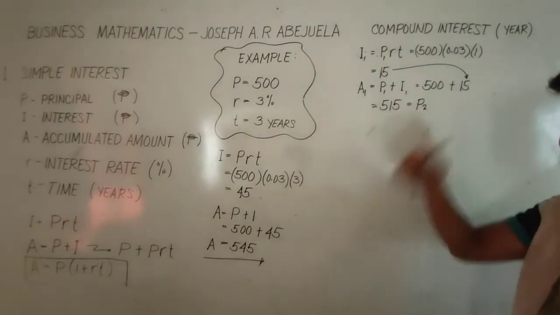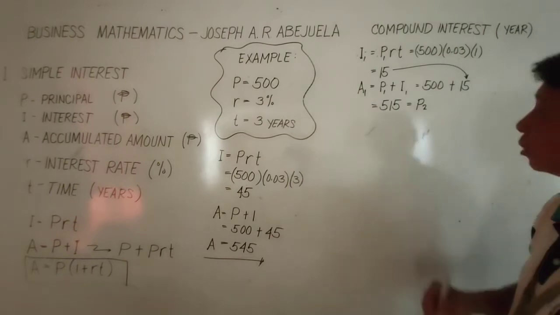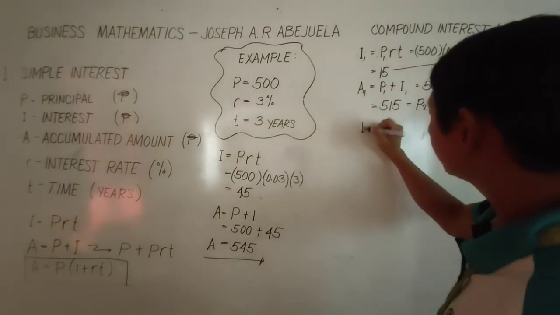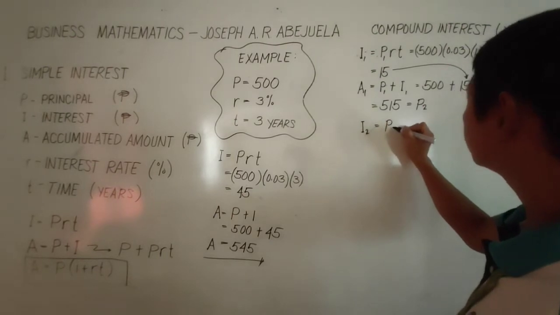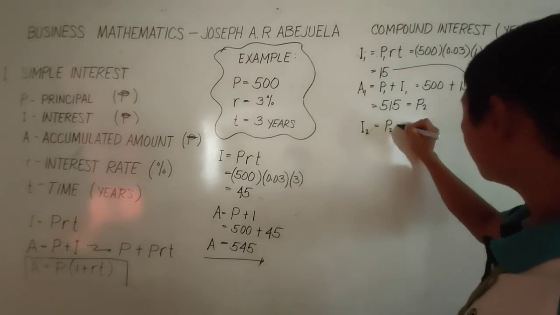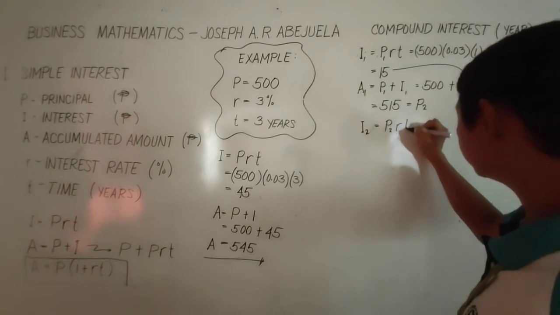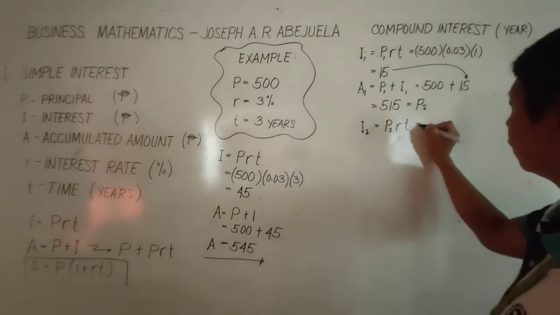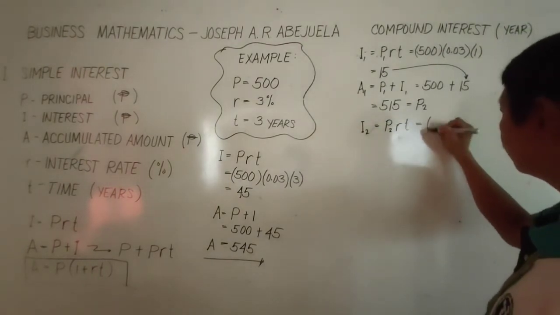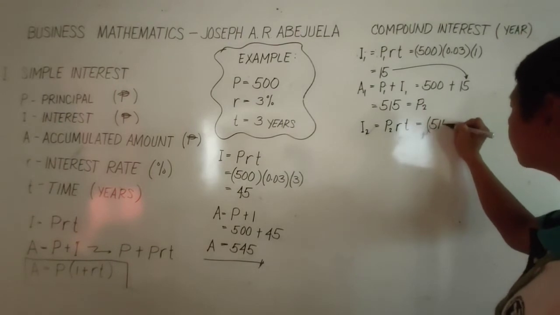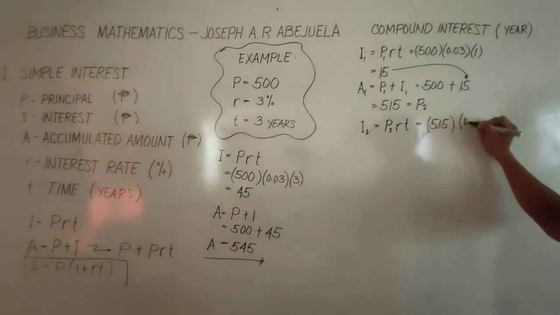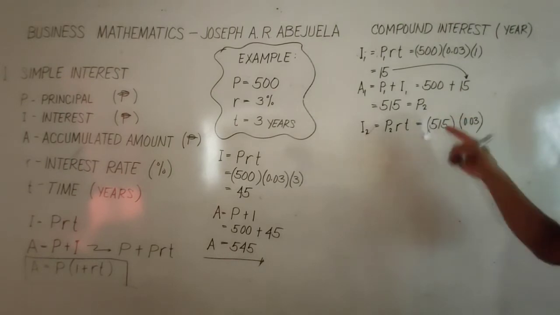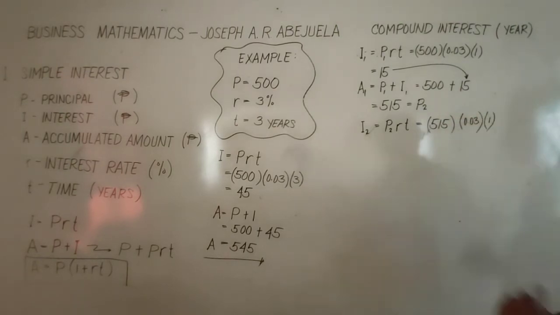So, in computing for the interest amount on the second year, we have I2 equals P2 times the interest rate and the time. So, P2 is 515 multiplied by the interest rate of 0.03 multiplied by 1.